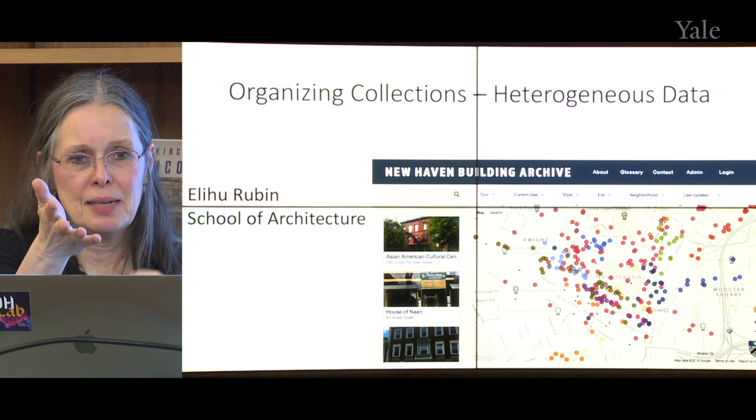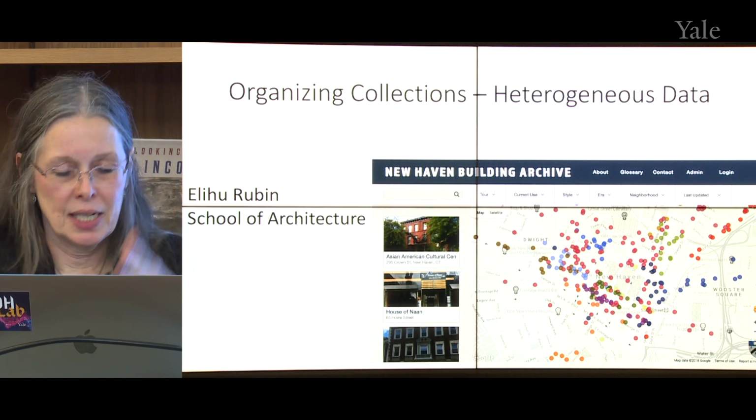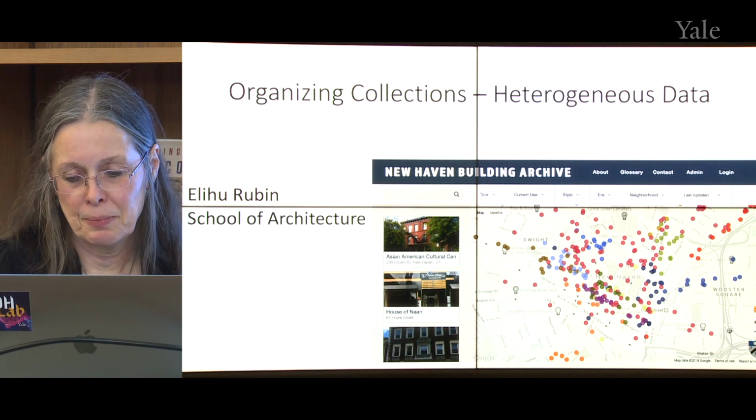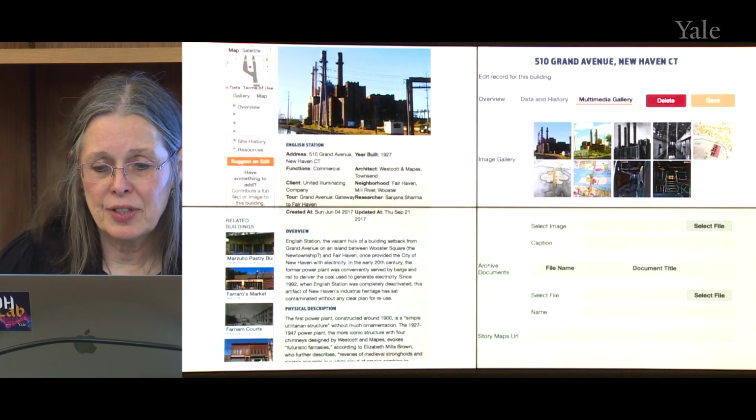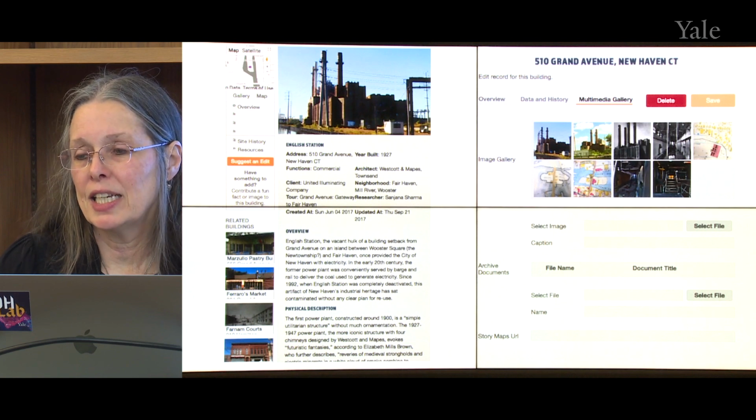This is something that Saima Akhtar, who's here, has been working on, as well as Benedict. In this archive, each student is responsible for finding as much as they can.